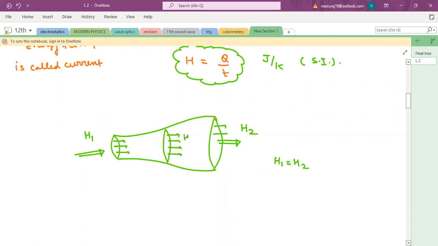Suppose from this cross section heat current is H3, then H1 equals H2 equals H3, because there should be no accumulation of energy inside the material; in steady state, temperature cannot rise.